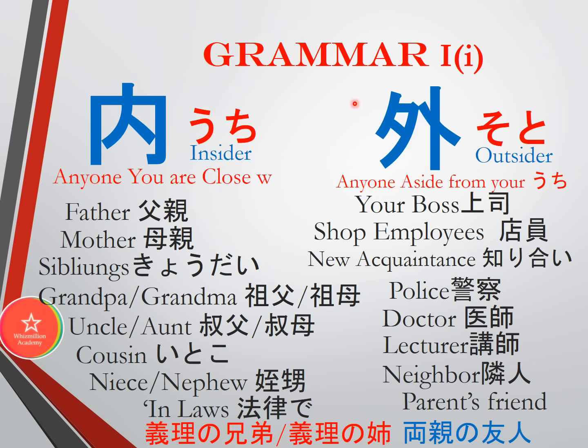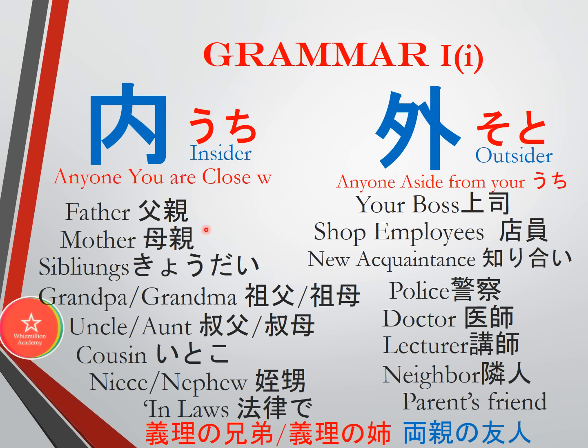I have to use keigo because I'm talking about an outsider, right? Just remember, if you're talking about your boss to your grandmother, you have to use keigo. But when you are telling your boss about your grandmother, you are not allowed to use keigo because your grandmother belongs to somebody in your insider group.